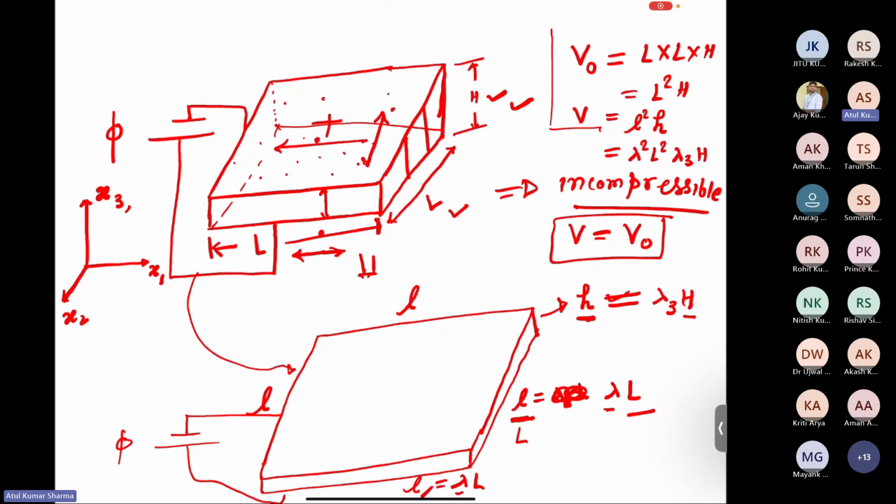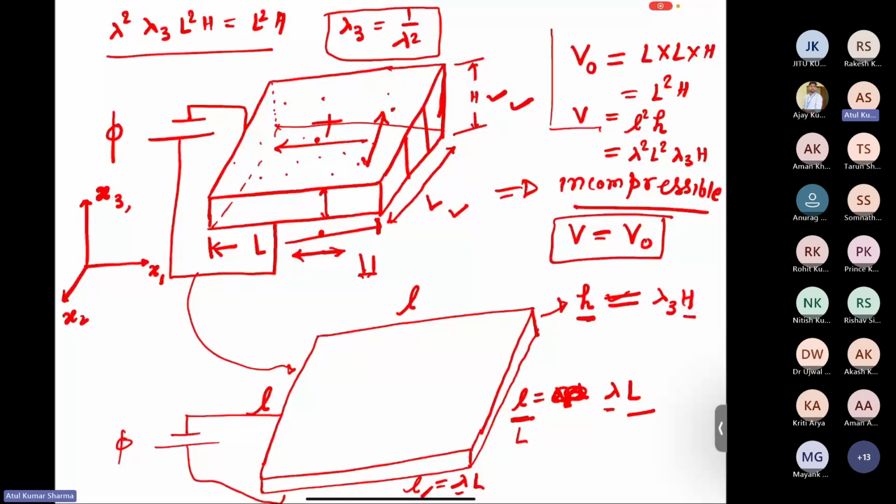So this will give lambda square lambda 3 L square H is equal to L square H, so L square H will be cancelled out. From here you can say that we have a relationship, that is lambda 3 is equal to 1 upon lambda square.